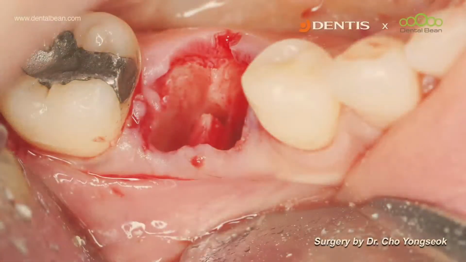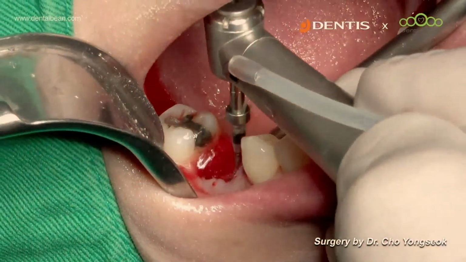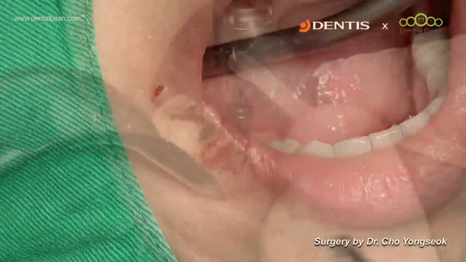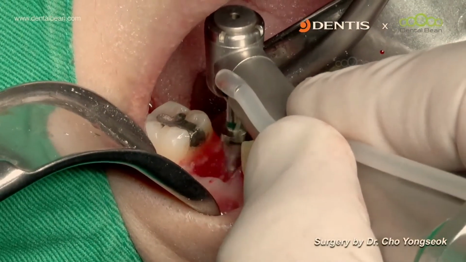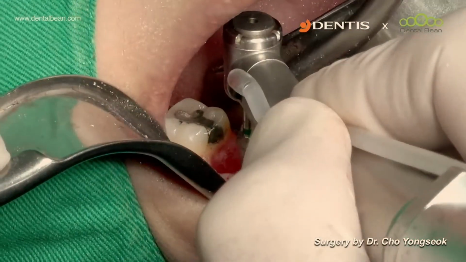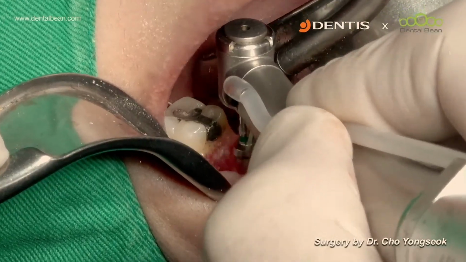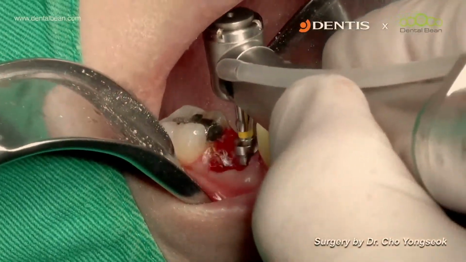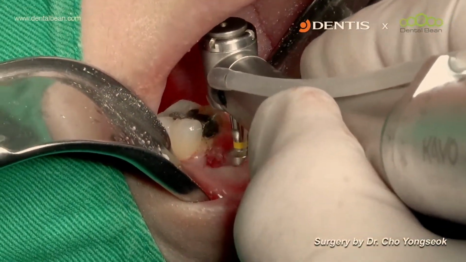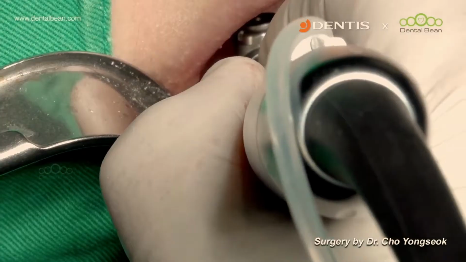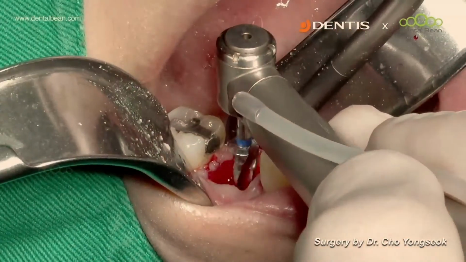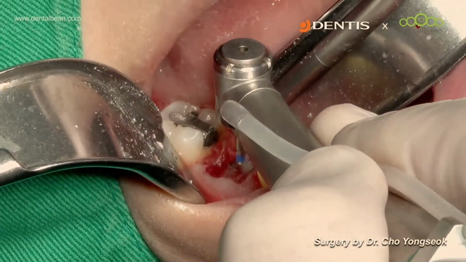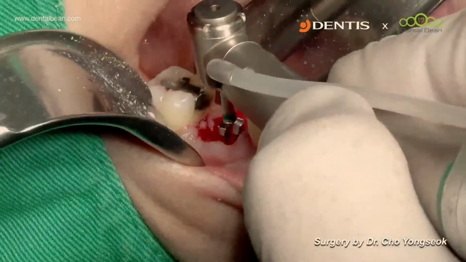Okay, successfully extracted the tooth. And then I prepped the osteotomy, enlarging the hole gradually, for 4.0, 4.5. It was normal bone density.